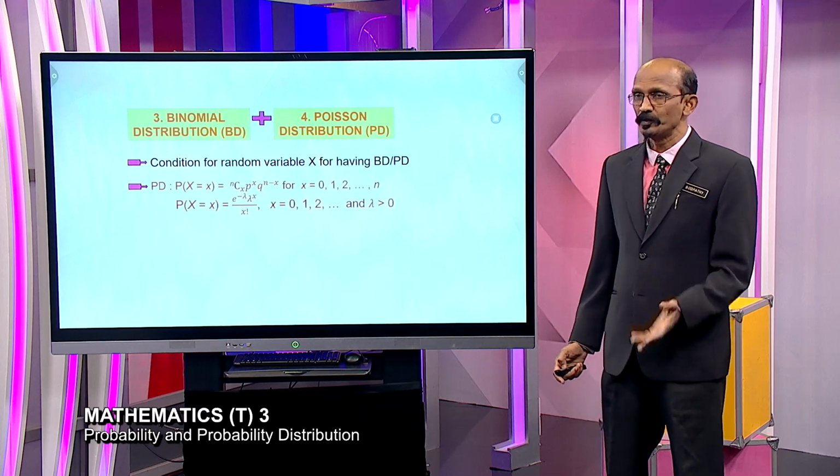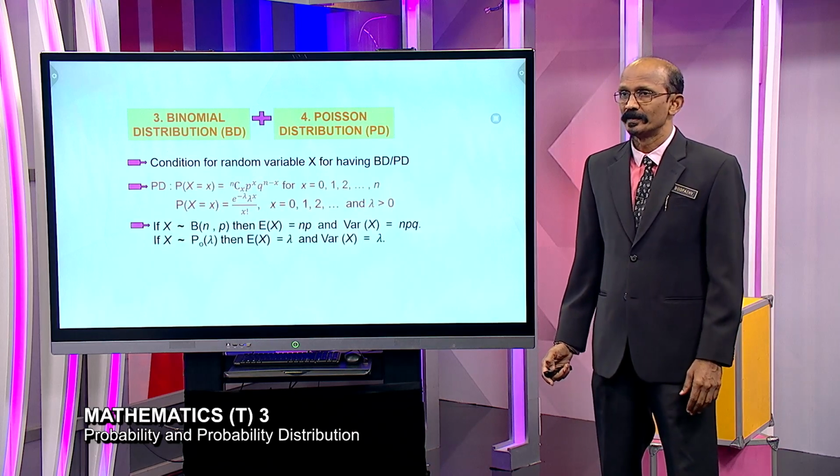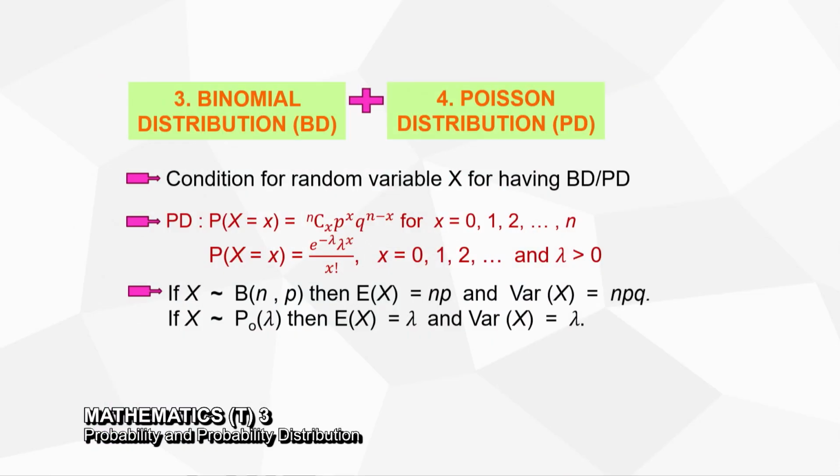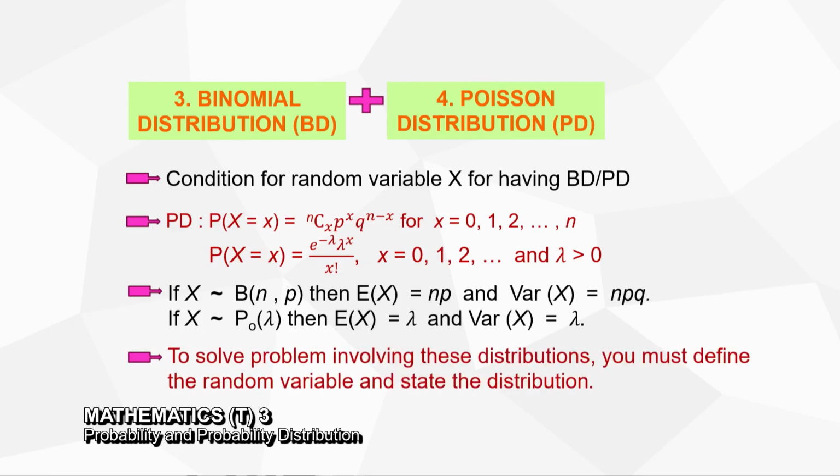And then be able to define the correct formulas, and find the mean and variance using the correct formulas. And then the last part, you should be able to solve problems involving these distributions. But when solving problems involving these distributions, you have to state your random variable, state your distribution, list your probabilities one by one, and use the correct formula to evaluate them.